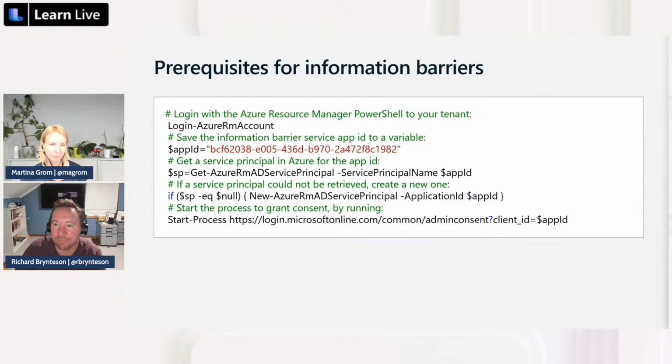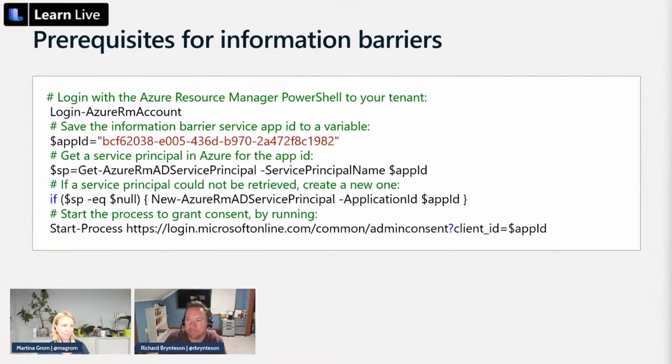Also, if you go with the PowerShell configuration, you can use Azure Resource Manager PowerShell, and then you can add the information barrier policy in here. From a licensing perspective, for information barrier policies, you need E5 licenses for Microsoft 365 or Office 365, or the compliance bundles or insider risk management policies.